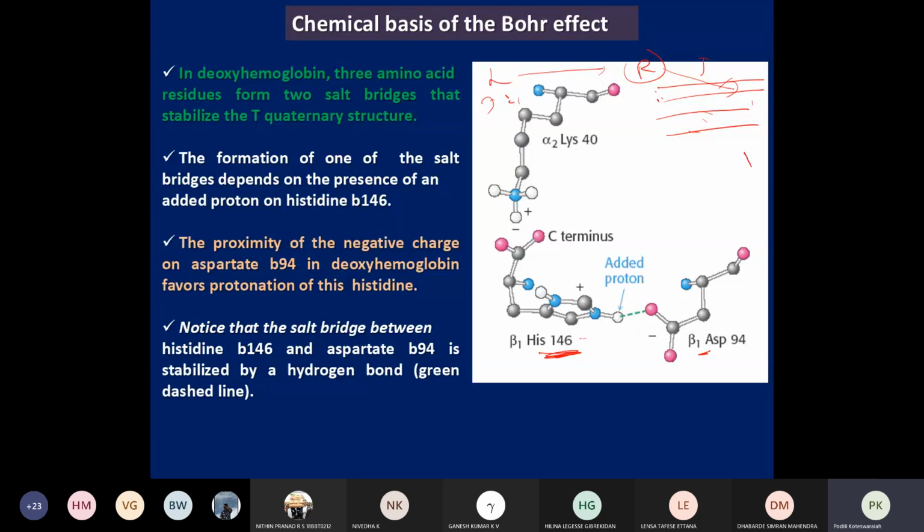As a result, the R state becomes the T state. Therefore, hemoglobin in the T state has a lower affinity for oxygen, and it has to unload its bound oxygen.